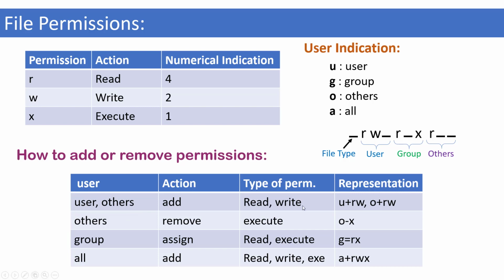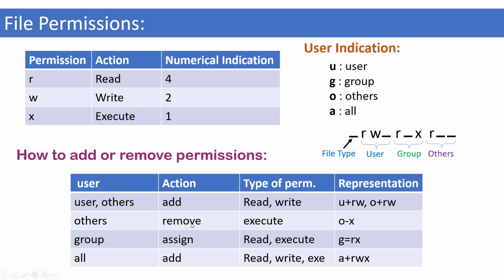How can I represent that? For user, I want to add read and write, so I added U plus RW. And for others also I want to add read and write permissions, so I have added O plus RW. This will add read and write permissions to both user and others.